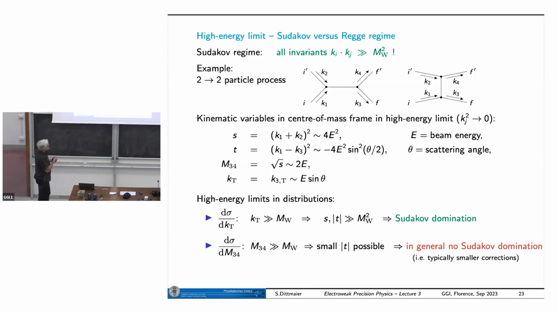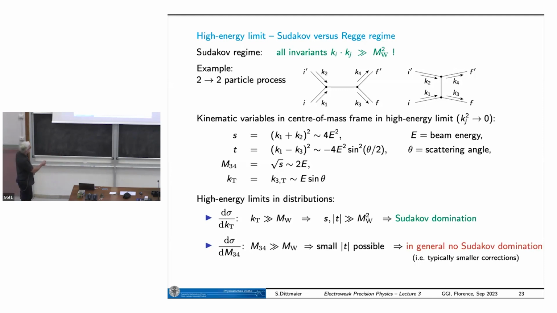But this means that in order to have T, or actually the modulus of T, the absolute value, big, the scattering angle must not be 0 or pi. That means forward and backward scattering is not the kinematic regime where these logs build up. You need finite angles.